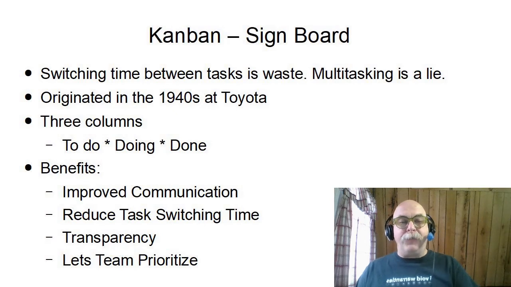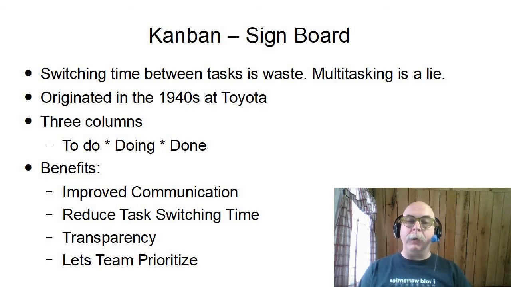One of the common features that you will find in a lot of agile methodologies, sometimes called something different, comes from a Japanese word, Kanban. Kanban is the Japanese word for signboard.